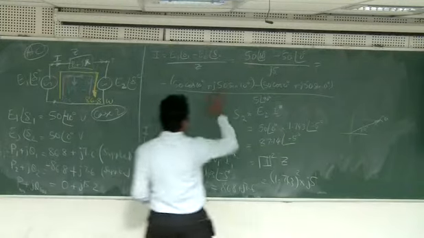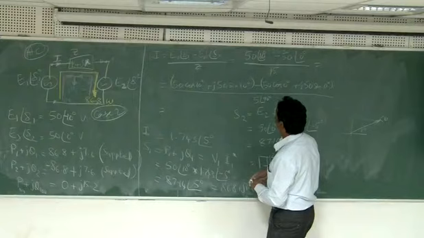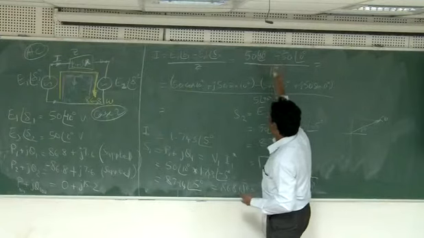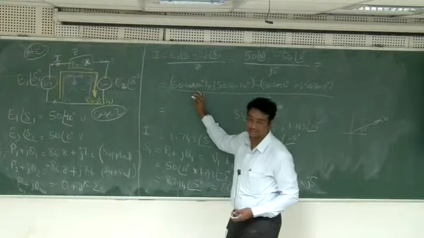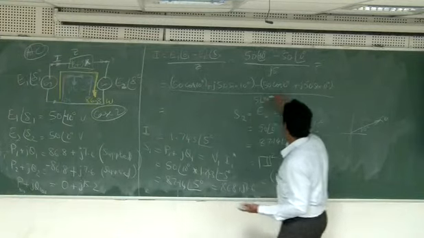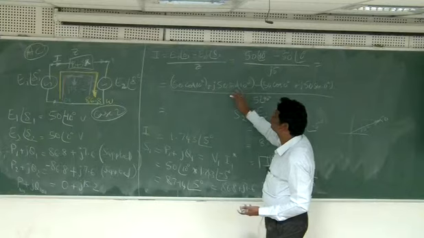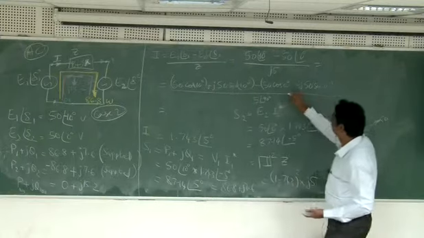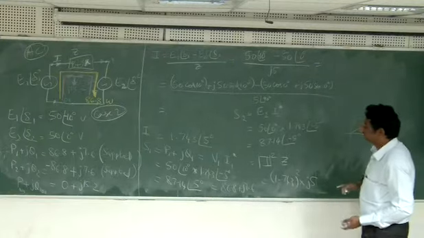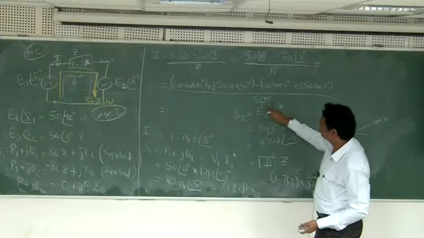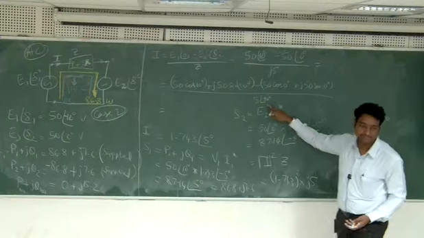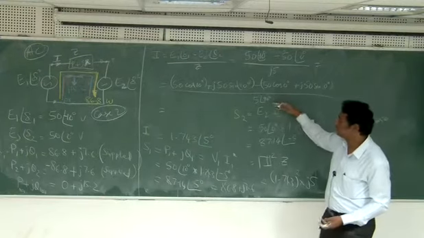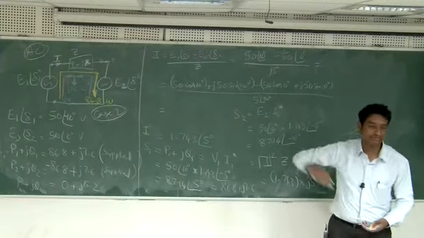So here what happens? This is minus. So here it will be cos of minus 10. Cos doesn't care. So here it will be sine of minus 10. Maybe this sign will change. Here it will be cos of 0, sine of 0, no change. So now here 90 degrees is there. So this 90 degrees is actually minus j. j in the denominator, if you take it to the numerator, it will be minus j.